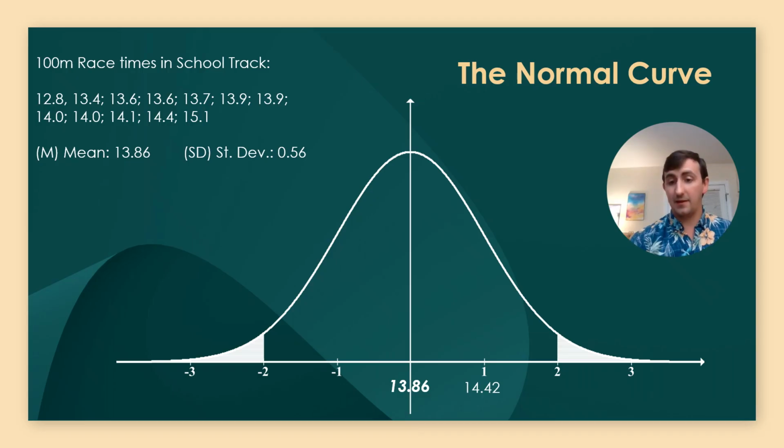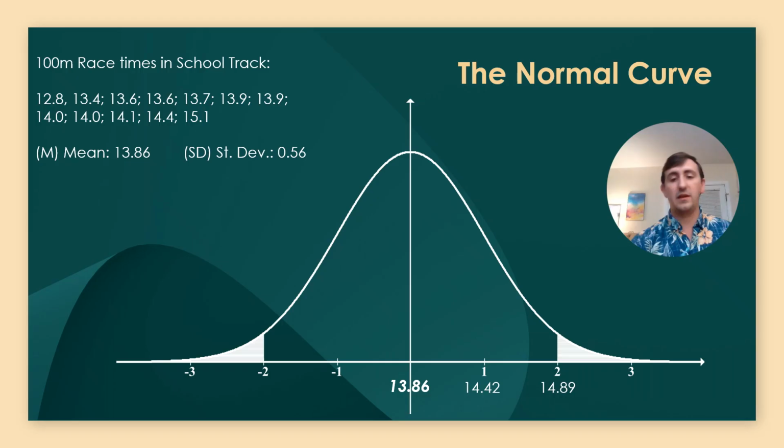And then we're going to do it again. Another 0.56 away: 14.42 plus 0.56 equals 14.89. So that's 2 standard deviations away from the mean, and it's 1 standard deviation away from the first standard deviation. So the second standard deviation, 14.89, is only 1 step away from 14.42, right?